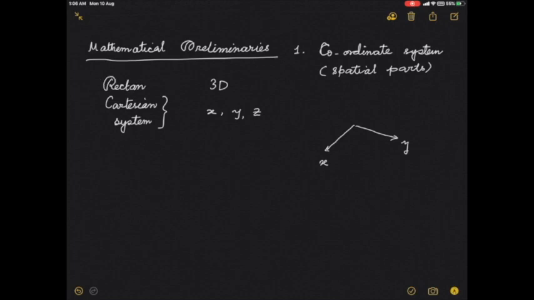Rectangular means that the three axes are perpendicular to each other, and then z changes perpendicular to both x and y. So that's your idea of a Cartesian coordinate system. So three axes, three variables x, y, and z, they change along straight lines which are perpendicular to each other.